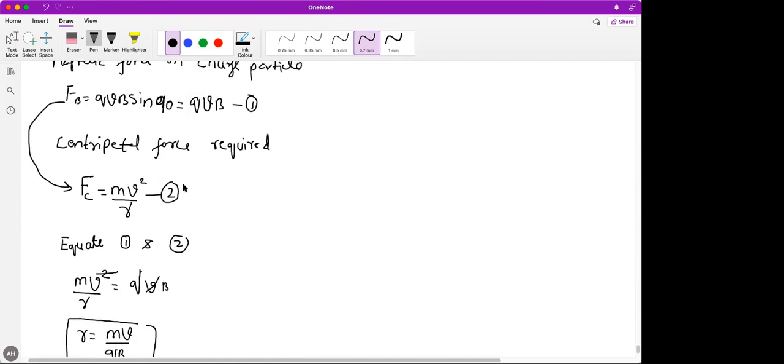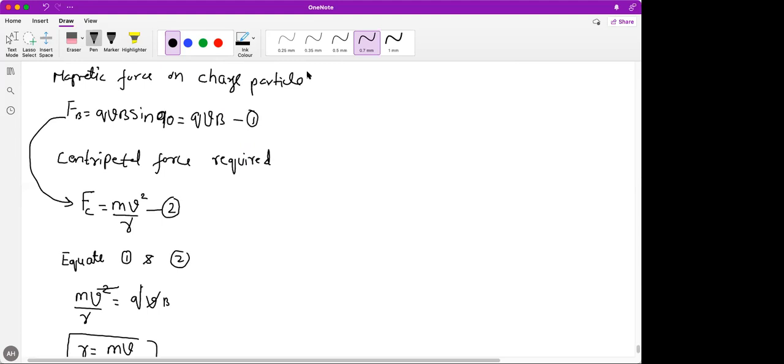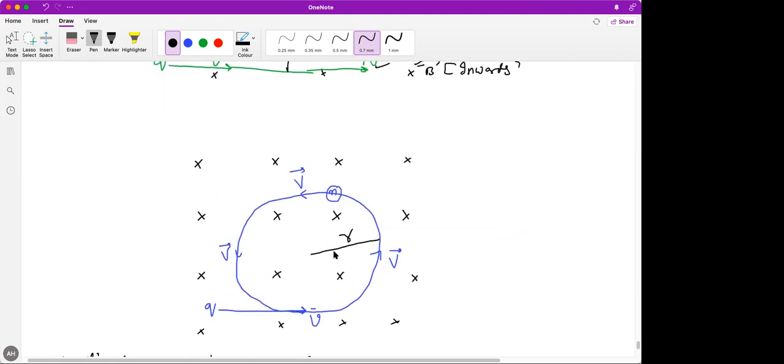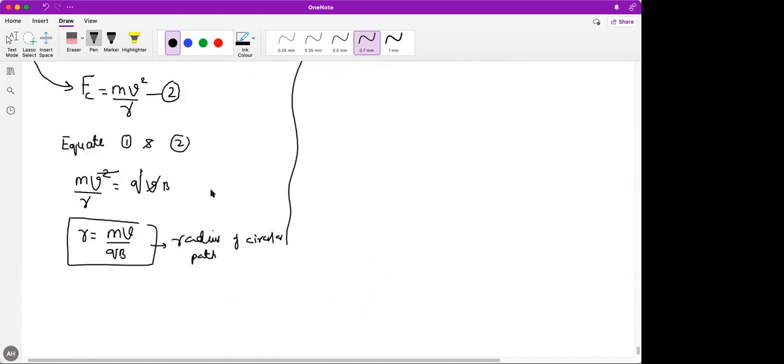R is MV by QB. So this is the radius of the circular path. When a particle enters a magnetic field perpendicular to it, it will complete a circular path, and the radius of the path is given by this expression, MV by QB.